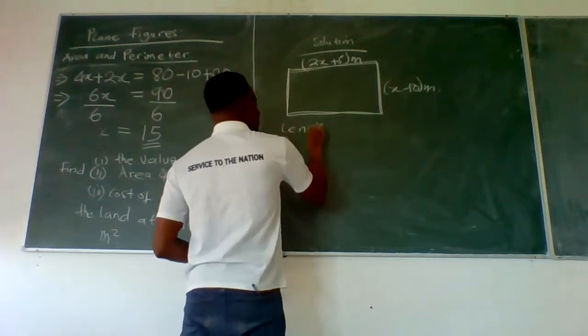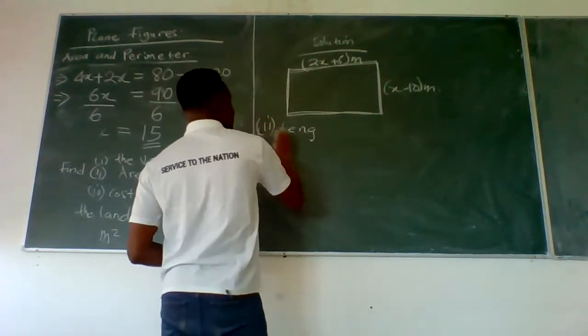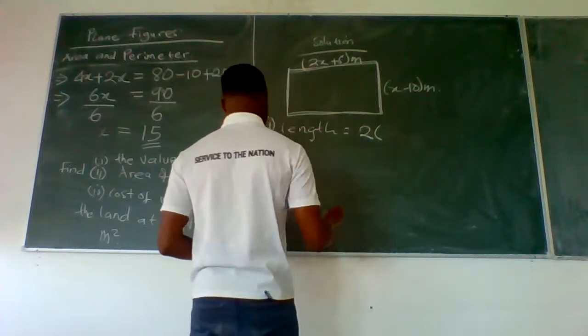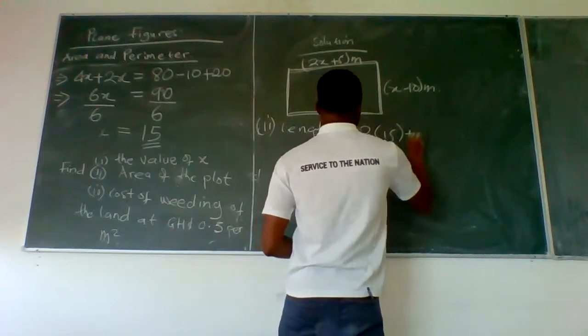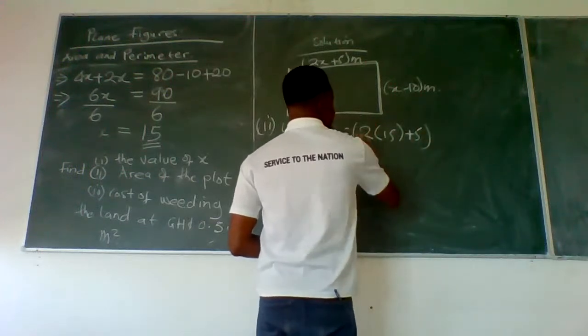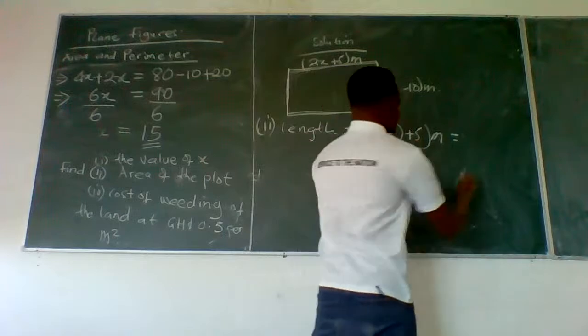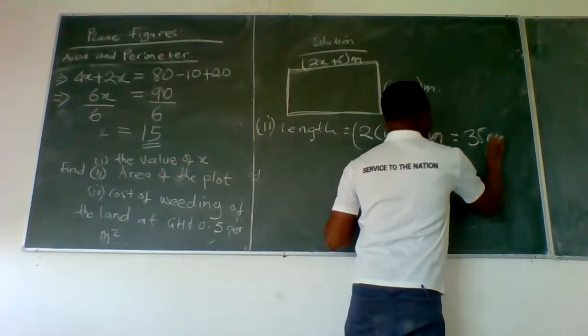So length will be equal to 2 times x, which is 15, plus 5 meters, which is equal to 30 plus 5, 35 meters.